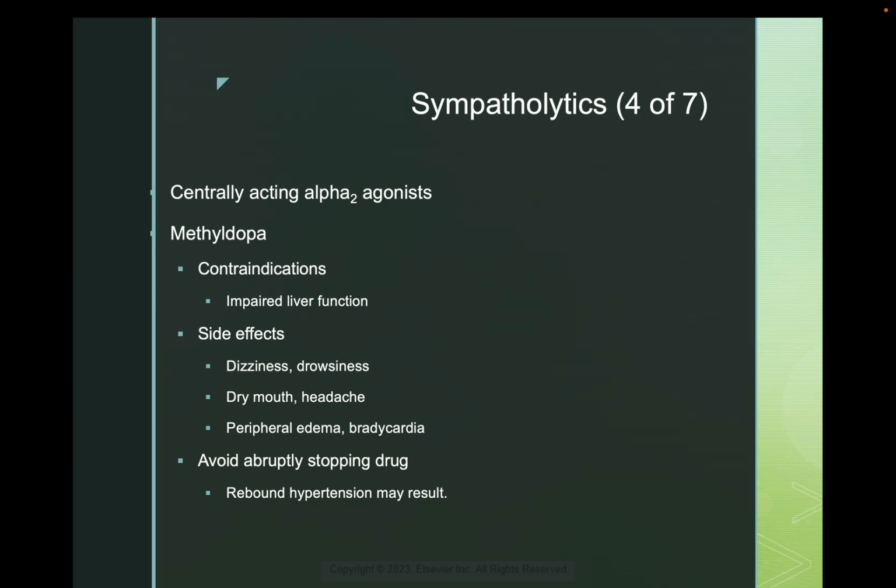We do not want to abruptly stop these drugs because it can result in rebound hypertension. Usually, we don't want to give methyldopa to patients with impaired liver function, because if they have increased liver enzymes on lab work, we need to make sure that that's something we're looking for.